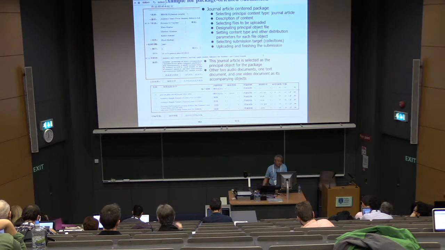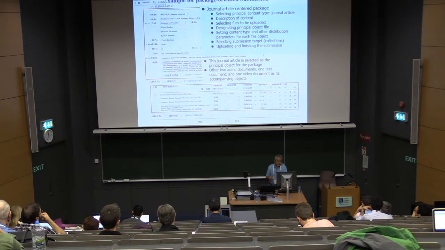Then we select files to be uploaded, designate the principal object file, set the content type and other distribution parameters for each file object, select the submission target, upload, and finish the submission.